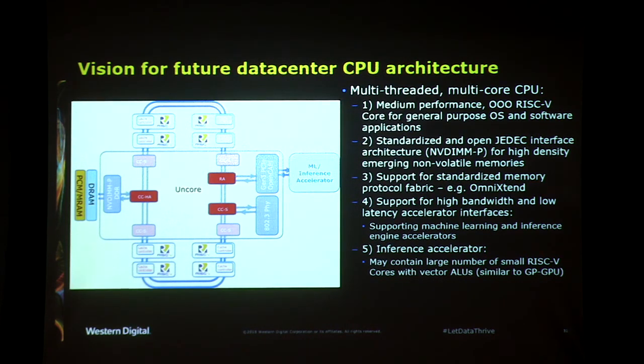And the general purpose CPU has a reduced role now. Its important role is to run the operating system, run the device drivers for I/O, for storage and networking, and provide interfaces needed for memory technologies and accelerator technologies. These are the key trends.